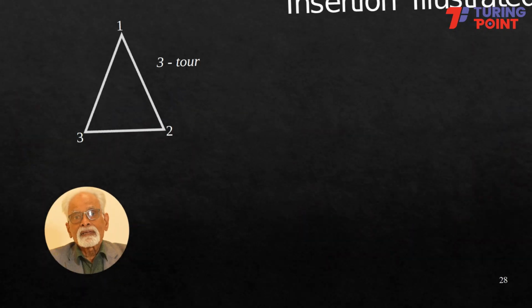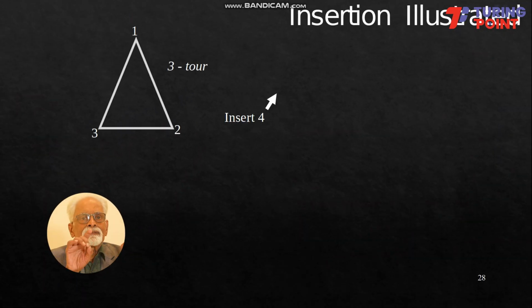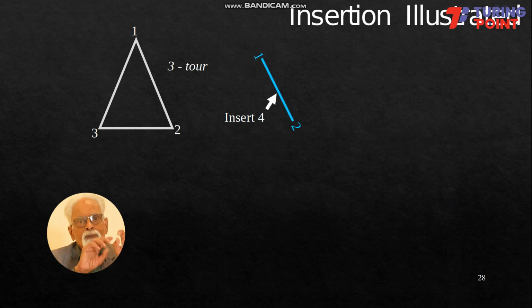For instance, take the 3-tour, that means 1, 2, 3. That is the only tour available. Now consider inserting 4. Of course, before that you can assume the cities are numbered 1, 2, 3, etc. So now take city 4. It can be inserted between 1 and 2, or 1 and 3, or 2 and 3. Each one of these gives you a possible 4-tour.